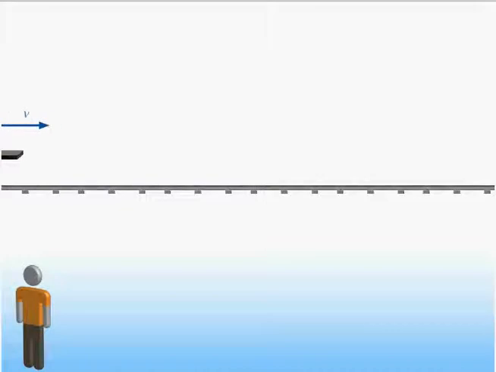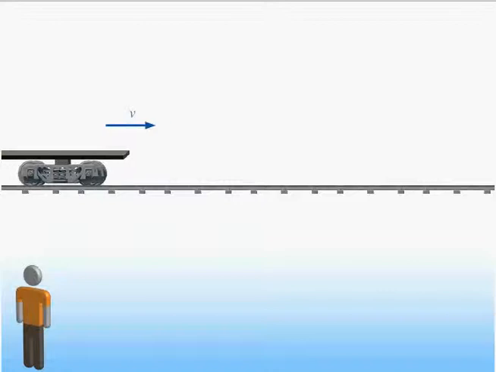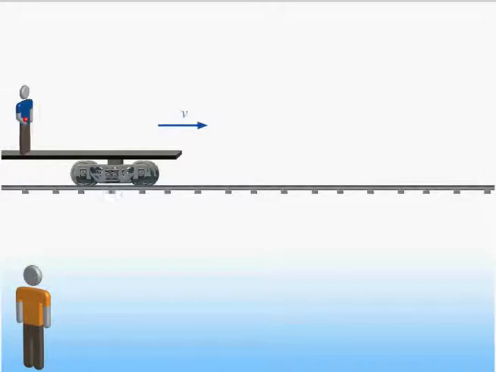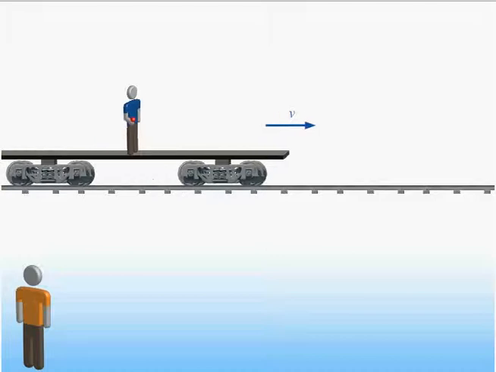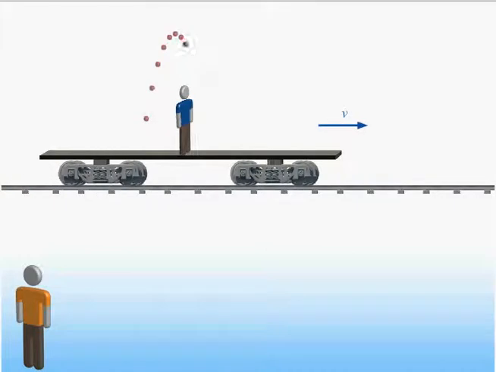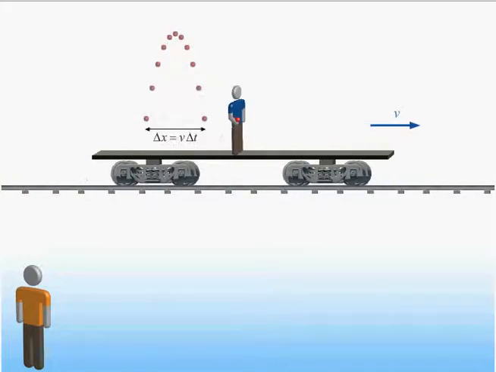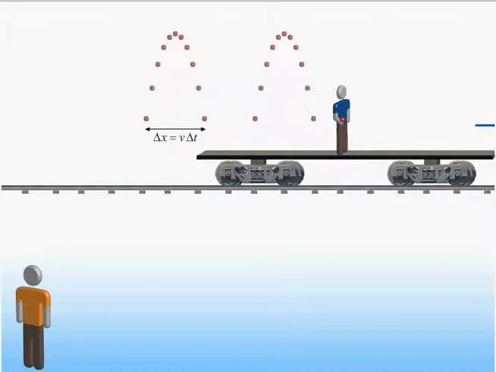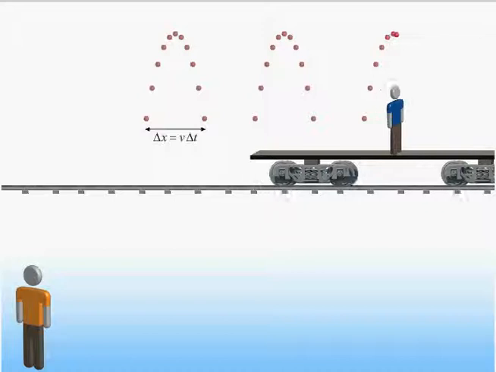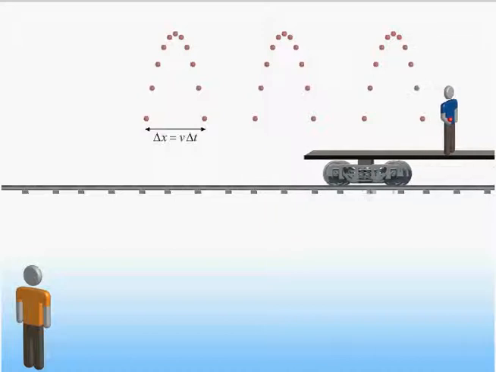What does the observer at the station see? He can't really see the same thing. He does not see the ball go simply straight up and down. He sees the train moving so that the horizontal positions of the ball when it leaves the man's hand and when it returns are separated by the distance the train travels during the flight time of the ball.